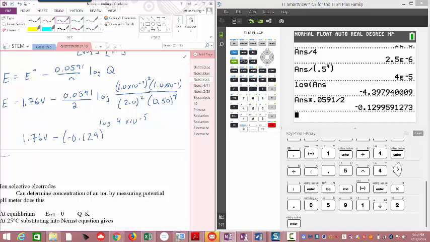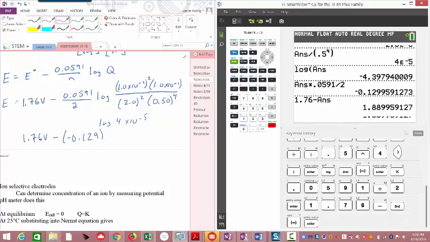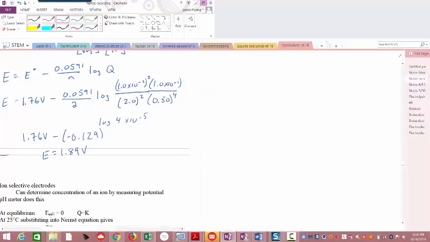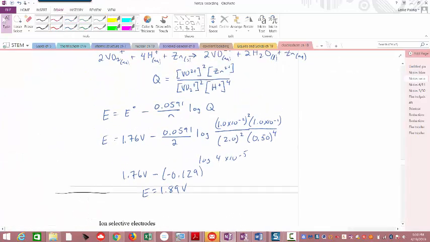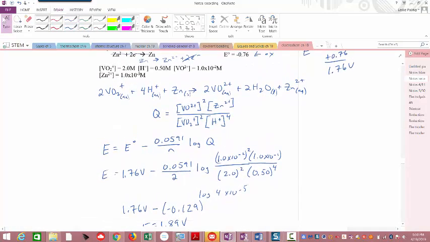So I have 1.76 minus this answer, and so I have my E is 1.89 volts.